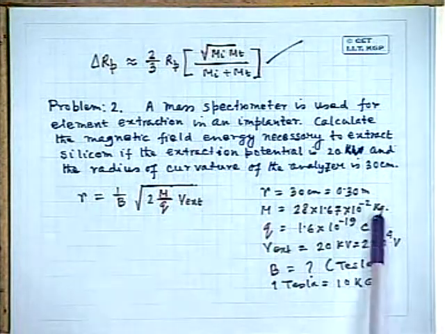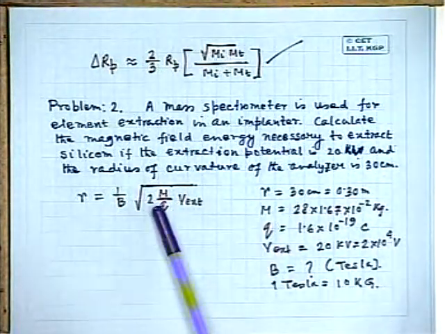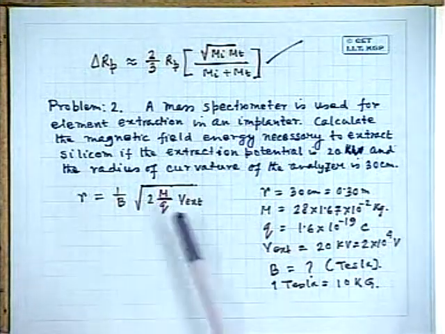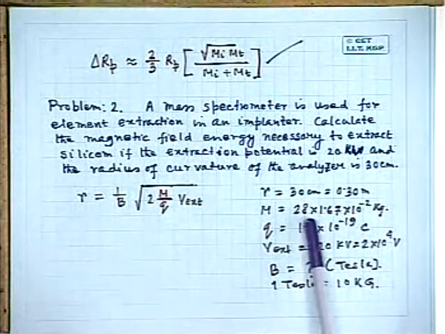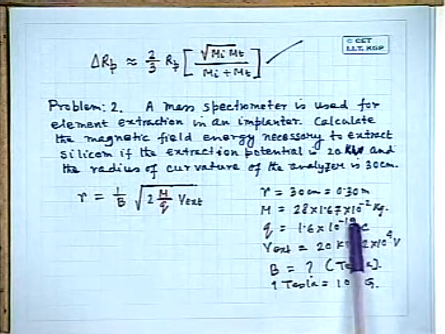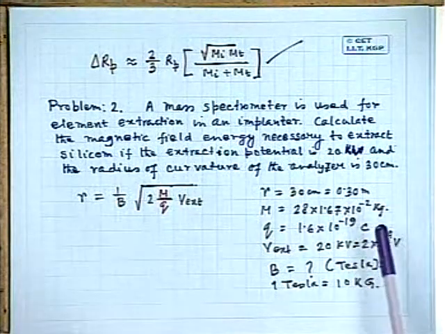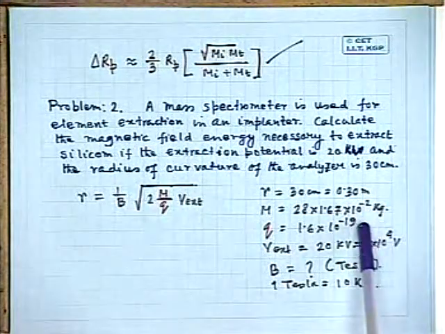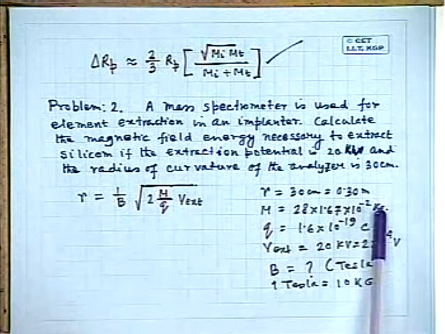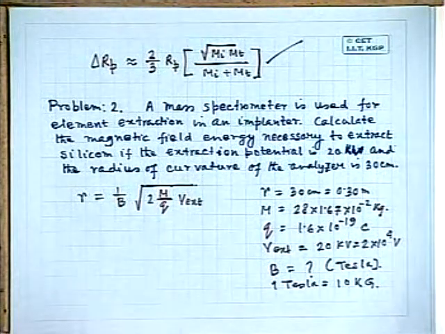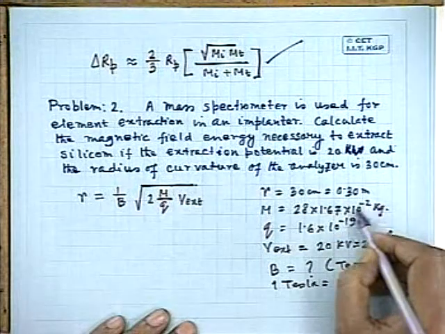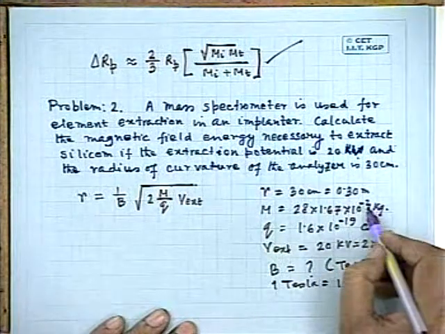M is the mass, in case of silicon the mass number is 28. 28 into 1.67 into 10 to the power, what is it? This is something wrong, not minus 2, minus 31, yes, 1.67 into 10 to the minus 31 kg here.